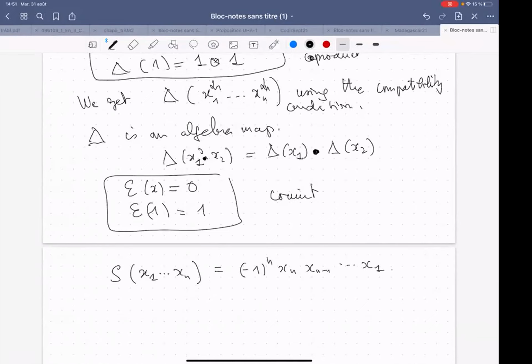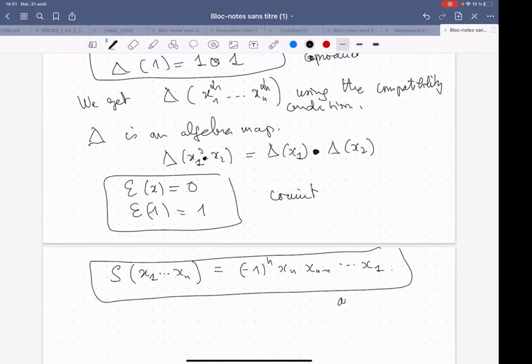Okay, this is the definition of the antipode. Any enveloping algebra carries a structure of a Hopf algebra.